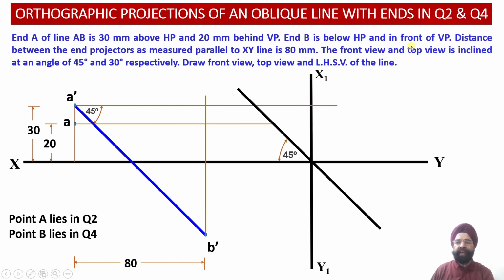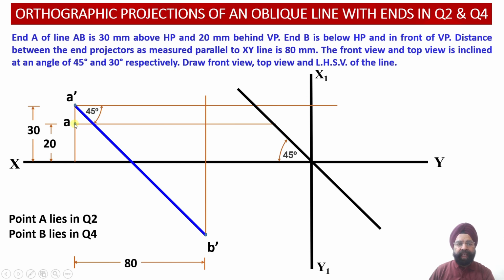Now similarly, we have also been provided with the information that the top view happens to be inclined with respect to the vertical plane at an angle of 30 degree. So we know that the line AB will represent the top view projection of the line AB in the plan.